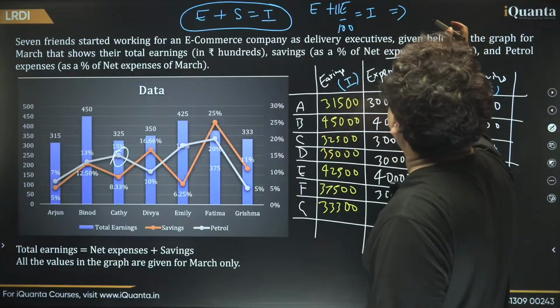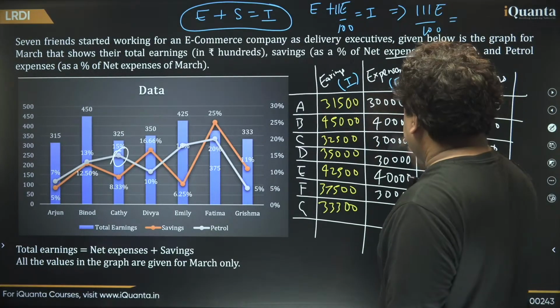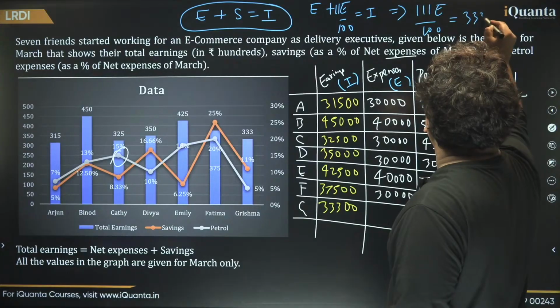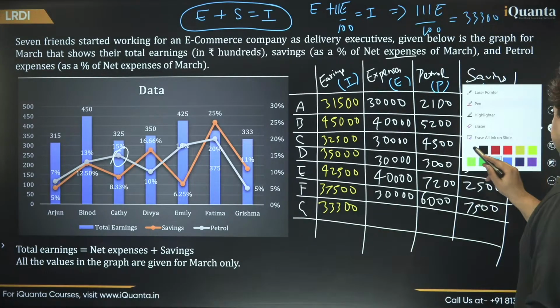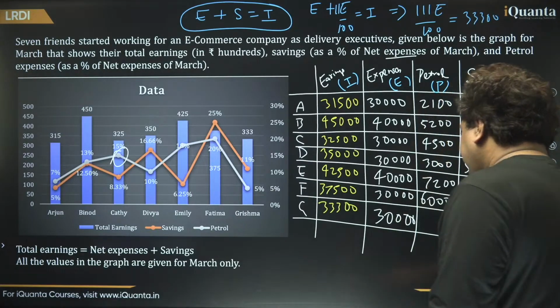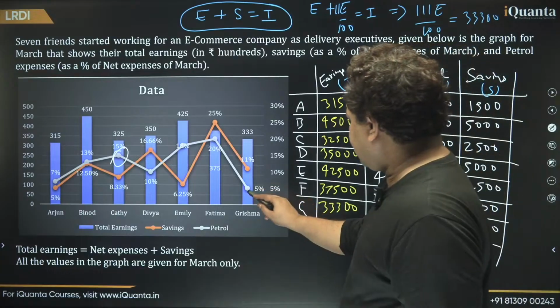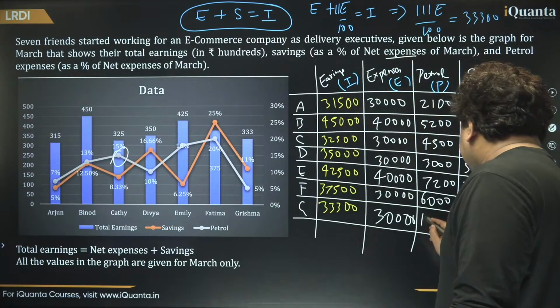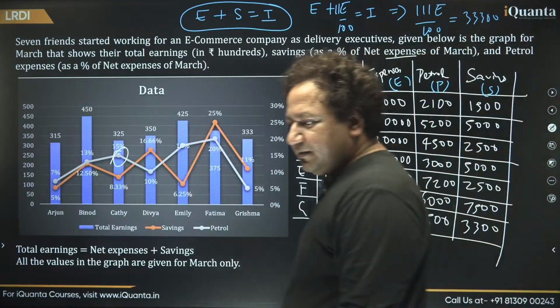Alright, so what do we get? 111E by 100 is what we get here. And this is 33300. 3 times will cancel out, 300. So the answer is, this is 30,000. Okay, this is 3,300. 5% of 30,000 is 1,500. That is the petrol.